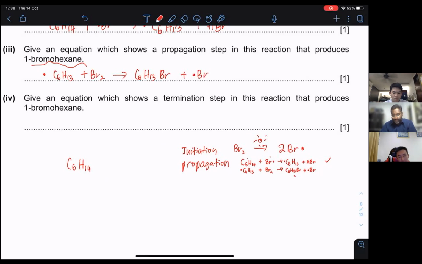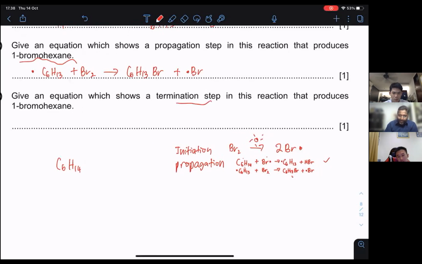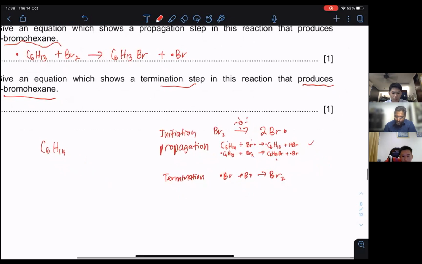Give an equation for a termination step. Initiation, propagation, termination. What is termination? Termination is free radical with free radical. They will form something neutral. It means they are stopping. But for this one, they say producing 1-bromohexane, so it means something producing C6H13Br.